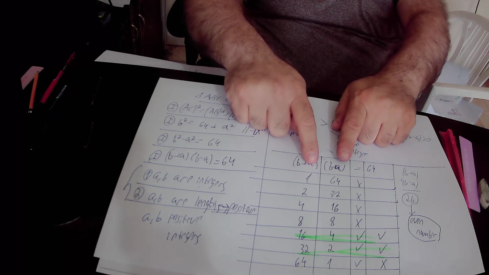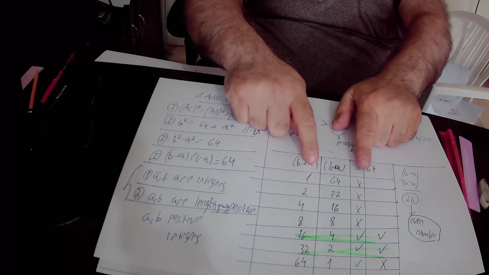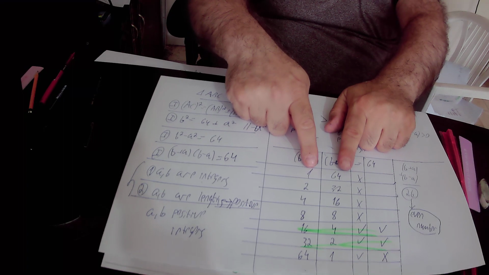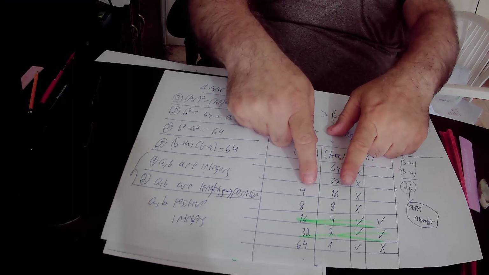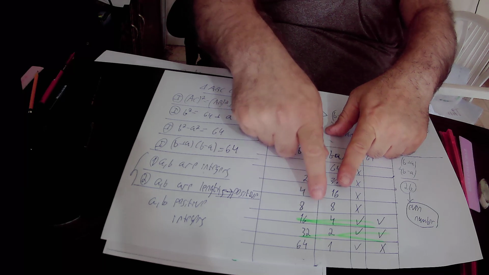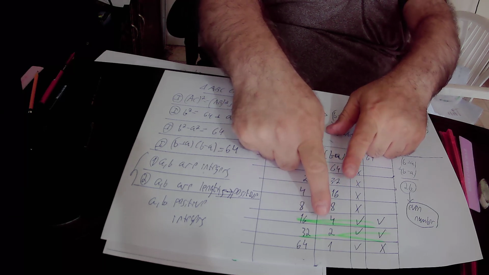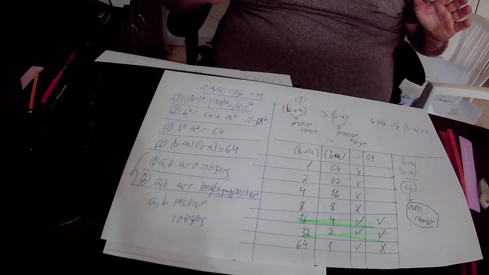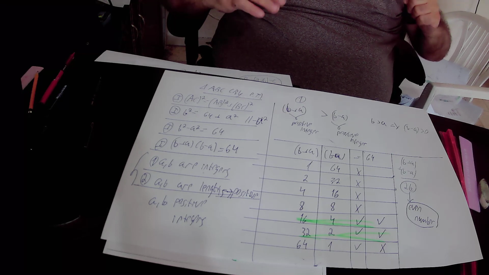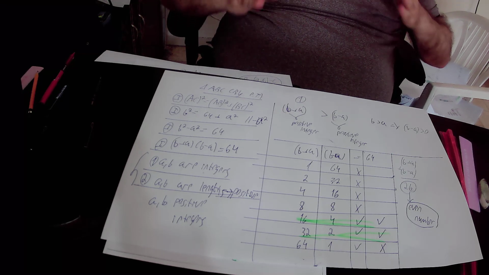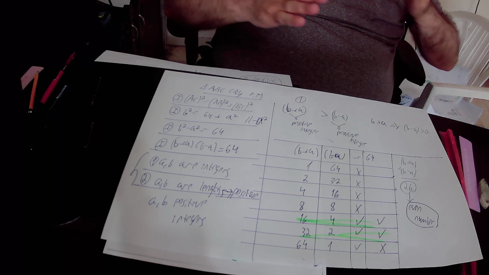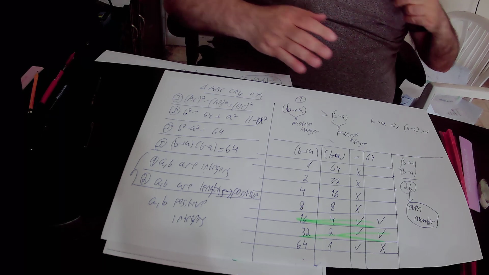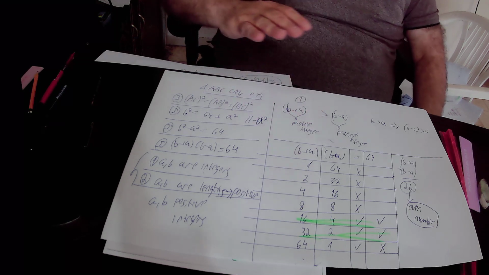Here, 1 times 64 is 64, 2 times 32 is also 64, 4 times 16, 8 times 8, 16 times 4, 32 times 2, and 64 times 1. In all these options, the product of two positive integers gives us 64. So we have in total 7 options.